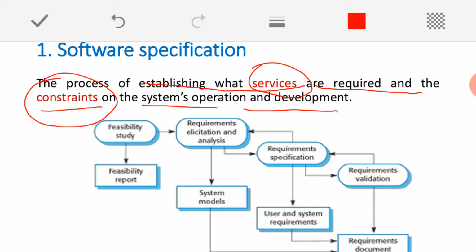Along with the services that I am going to define, I should also look into constraints. For example, budget: whether I have sufficient money to invest or not. I need to look into my human resources, whether I have a sufficient number of skilled employees in my company to build this software.